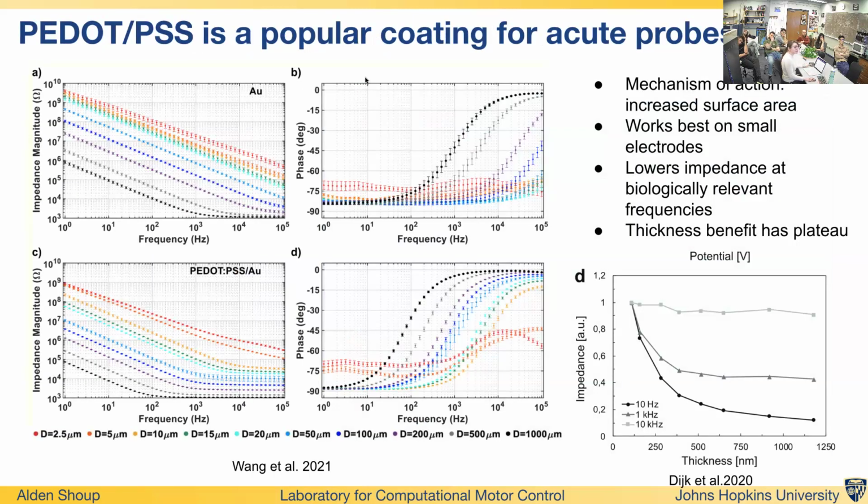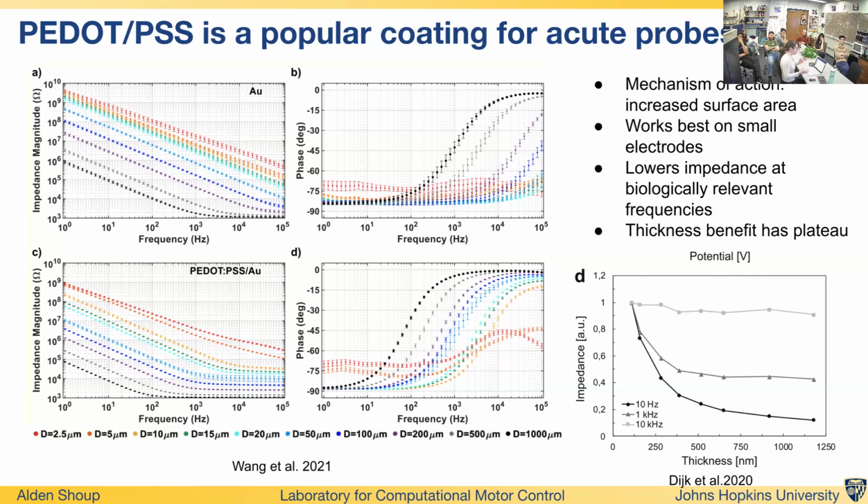So PEDOT:PSS is a popular coating for acute probes. It's biologically inert. It works really well on small electrode surfaces, and it lowers the impedance at biologically relevant frequencies.